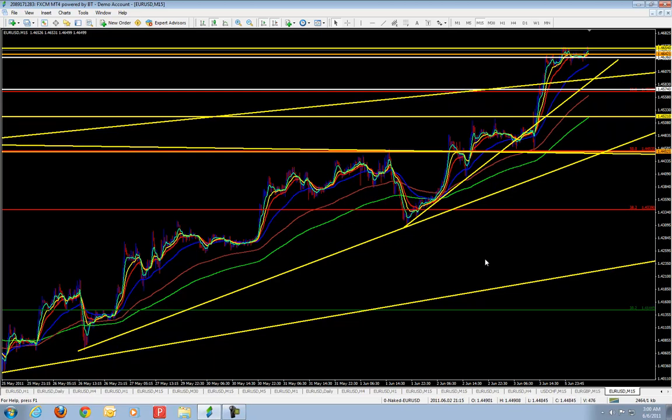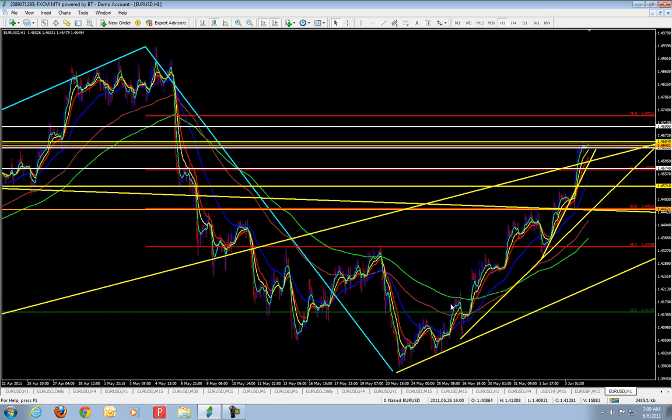But what I really look at mostly is the zone in between the 144 and the 233. See this area here? I like to really keep an eye on that. A lot of traders use a 200 instead of a 233.